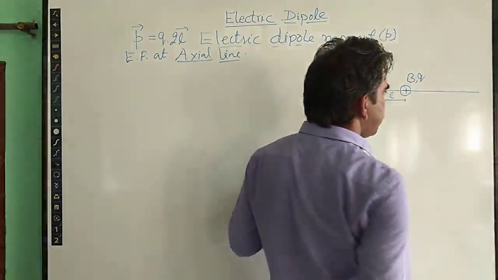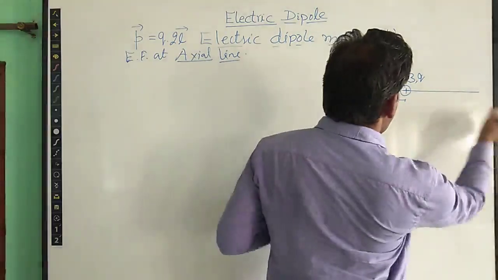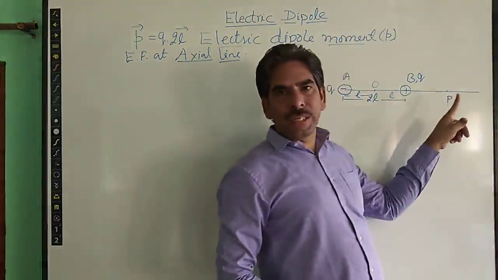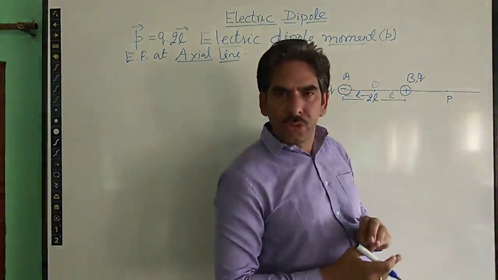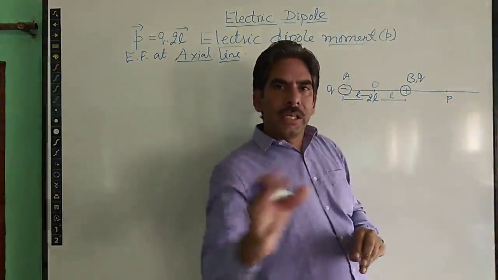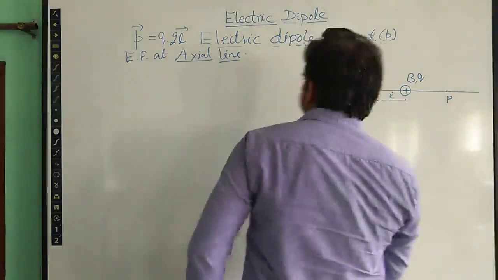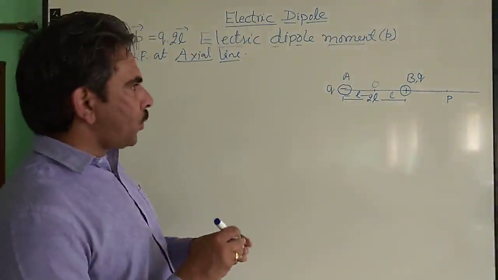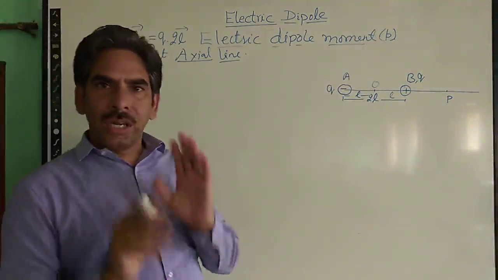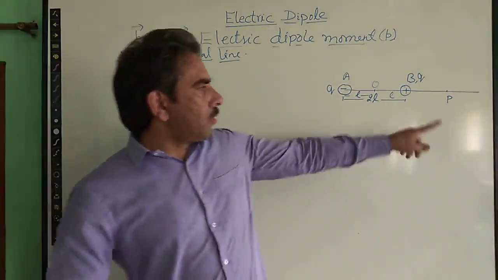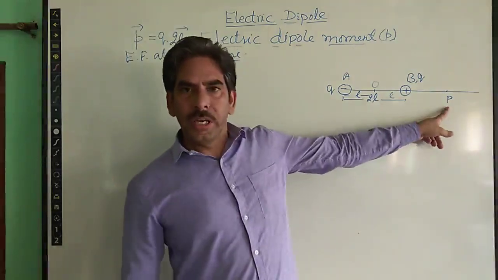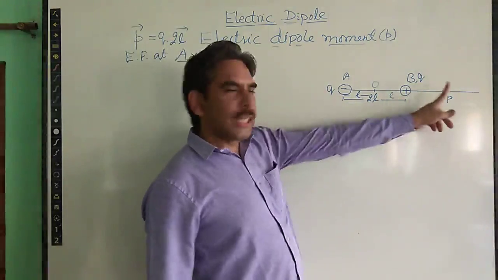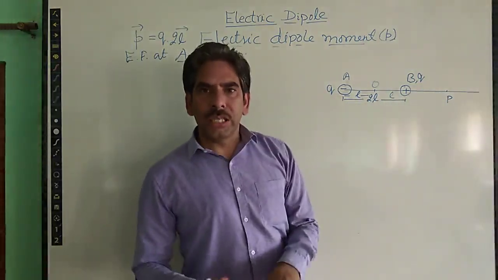So this is the line joining the two charges, and suppose that we have some observation point P here at which we are willing to find the electric field due to this system of two charges, or simply we can say electric dipole. This electric dipole consists of two charges, one positive and one negative of equal magnitude. So in order to find the electric field at point P, we need to find the electric field due to either of the two charges, both the charges, at point P.